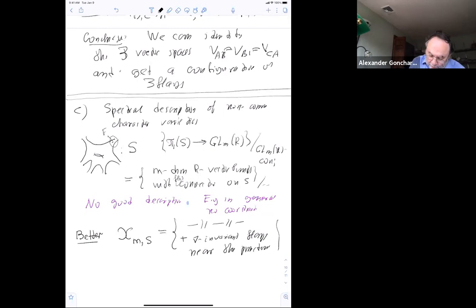And there exist, in general, m factorial such flags near each puncture.